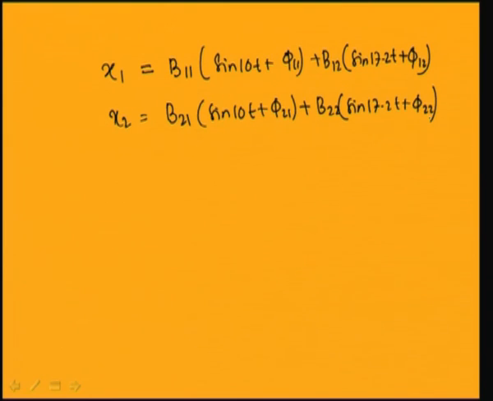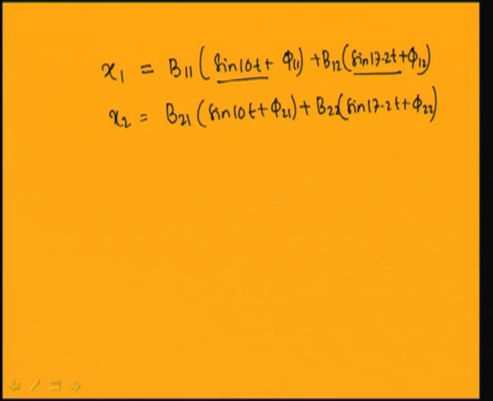So, in this case you have this B11, phi 11 and B12, phi 12. B11 is the magnitude and phi 11 is the phase difference. So, this is the first mode and this is the second mode.